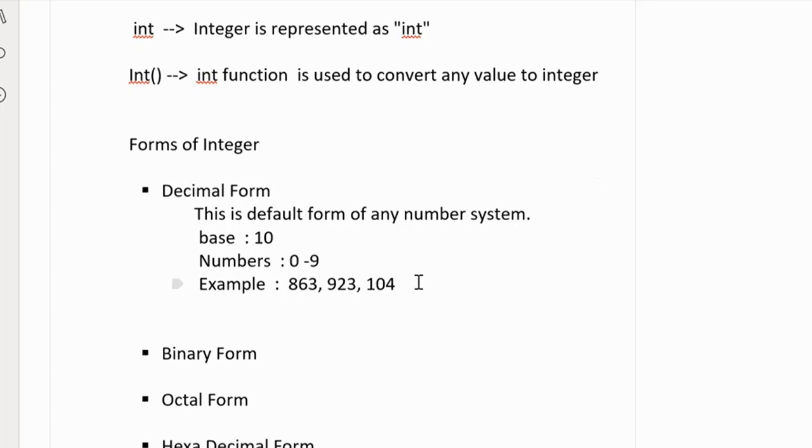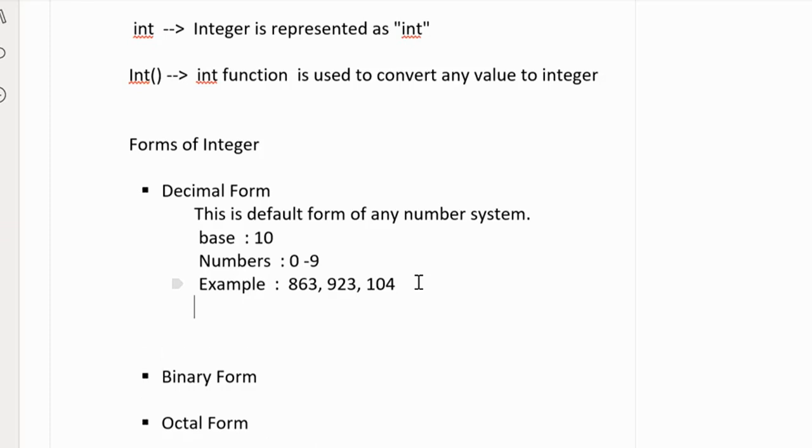And whenever you print a number in Python, in any form, by default it will print in the decimal form. Remember that. Whenever we use the print function to print a number of any form, by default it will convert it into decimal and print it.